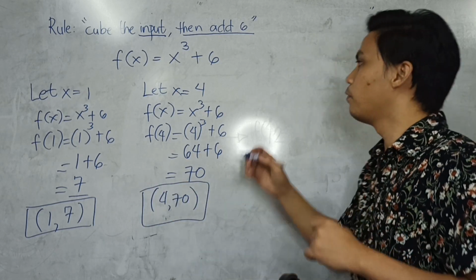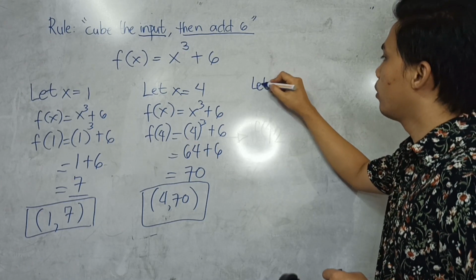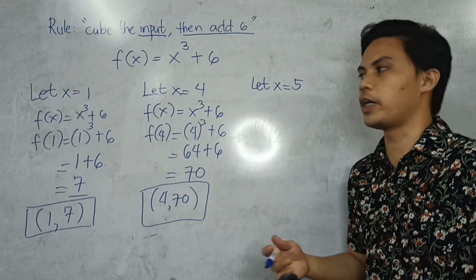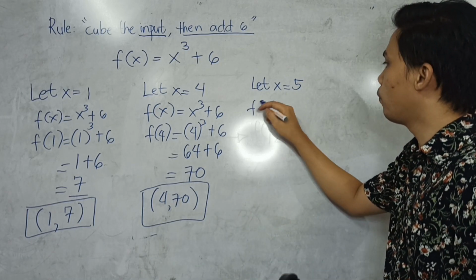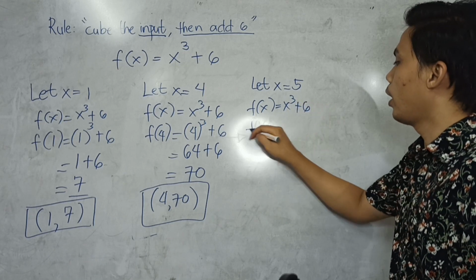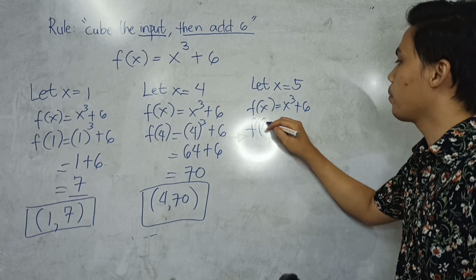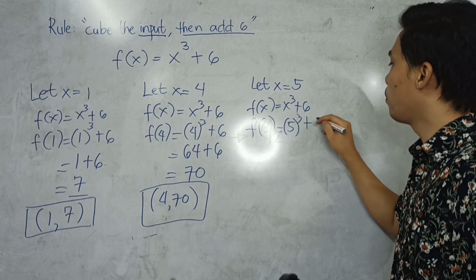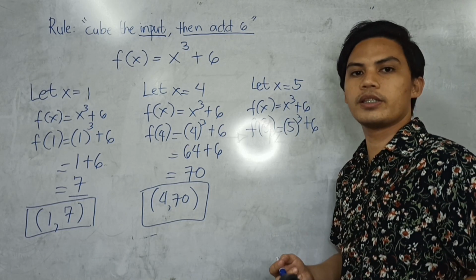Okay? Let's have last example or last input. Let us say the input is 5 or the value of x is 5. So f of x is equal to x cubed plus 6. X now becomes 5. F of 5 is equal to 5 cubed plus 6. Okay.